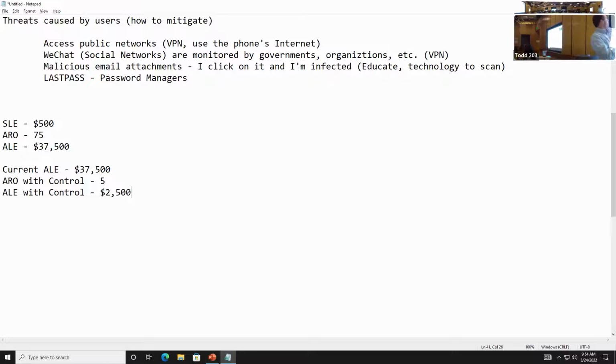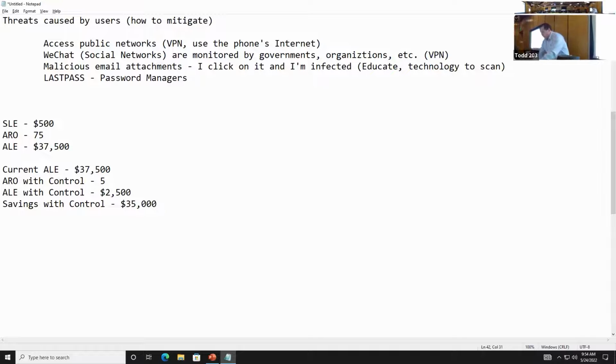Yeah, we'll get there. But right now, with the control, what we're going to potentially lose is 2,500 instead of 37,500. And so we're going to ask ourselves, are we going to spend $25,000 to recognize those savings and losses? So the savings with control, if I take the current ALE minus that 2,500, then I am saving $35,000.